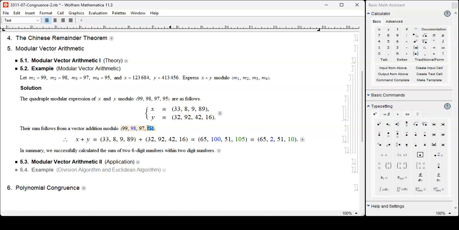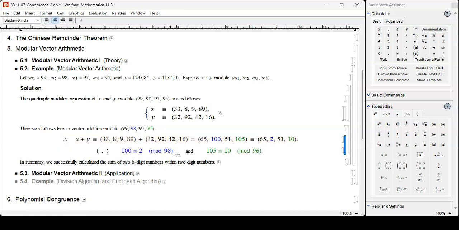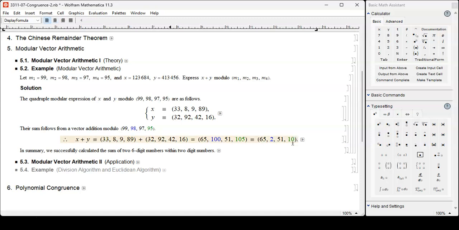That exceeds 95. So we can bring it down to 10, modulo 95. Okay, that's what we did, blue and green. Okay, so that's vector arithmetic, vector addition.